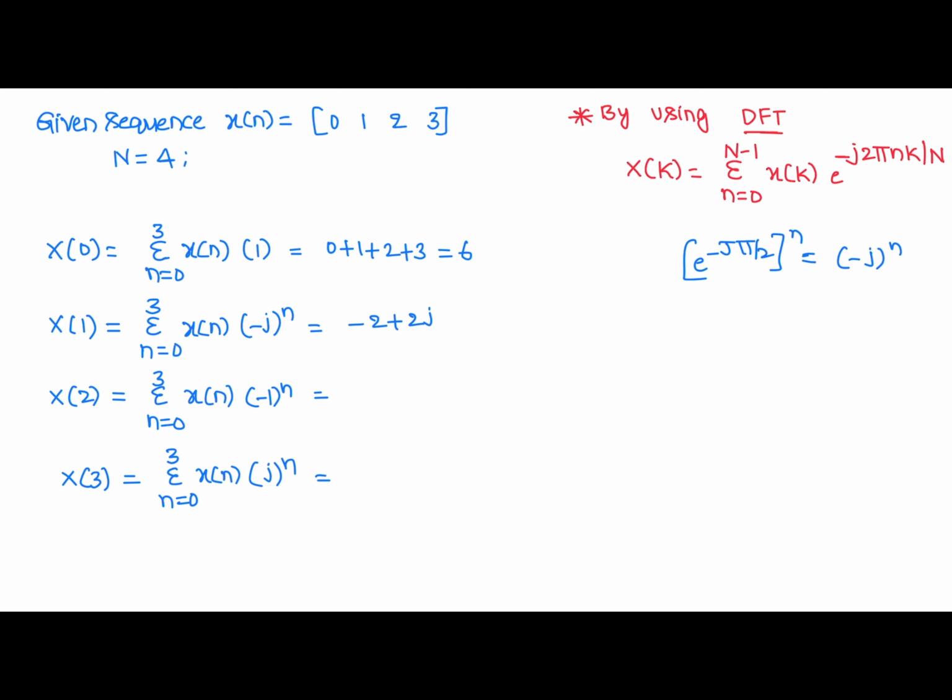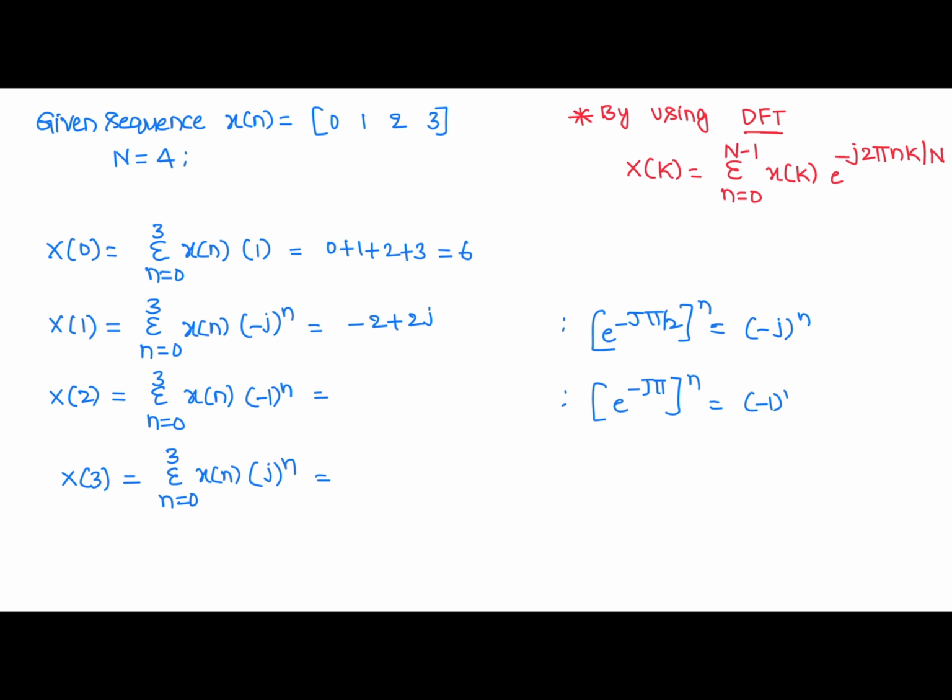Similarly, for X of 2, e power minus j pi whole power n, its value is minus 1 power n. X of 2 is minus 2. On calculation, X of 2 will give minus 2 value.